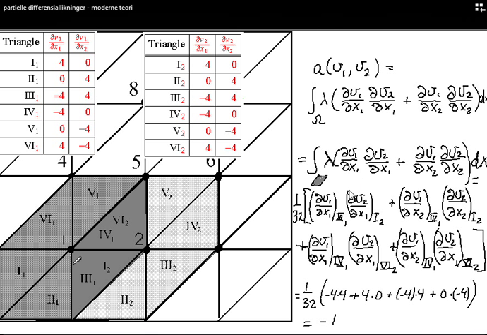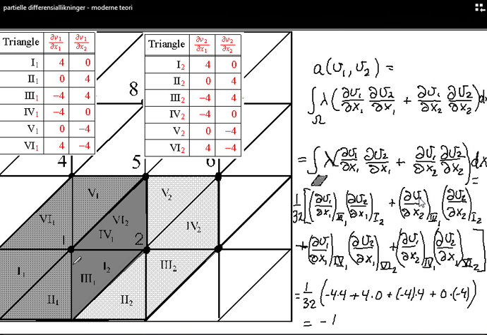Moreover, in the same triangle, which for the basis function V2 we call 1, 2, we go to the table 1, 2 here and find the partial derivatives of this basis function with respect to x1 and x2 here, and the same for all other values.